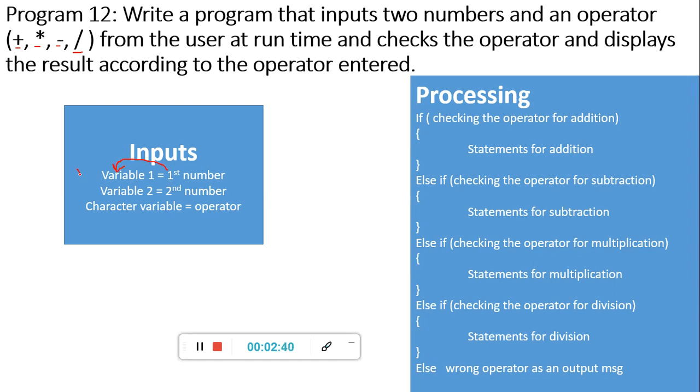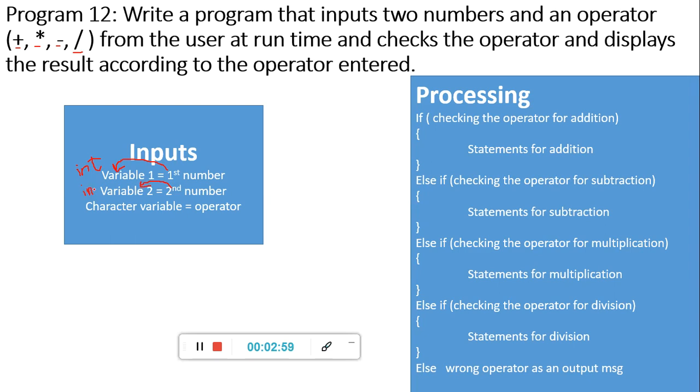So obviously it will be an integer variable, and whatever name you want for that integer variable, that's up to you. And then the second number will also be stored in a second variable, and that will also be an integer variable.